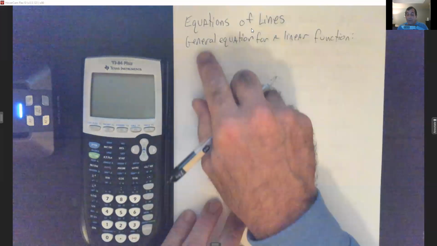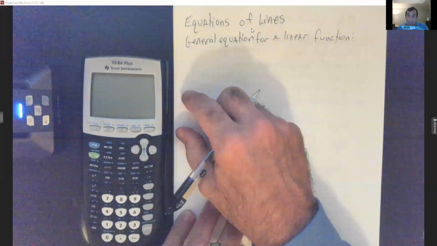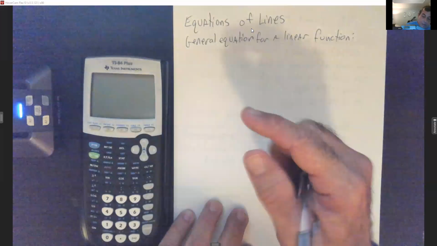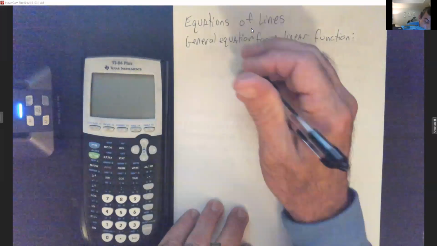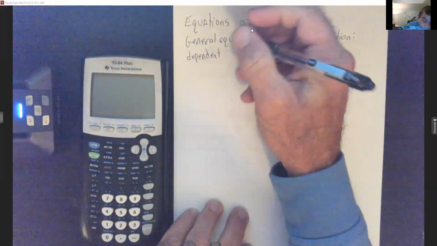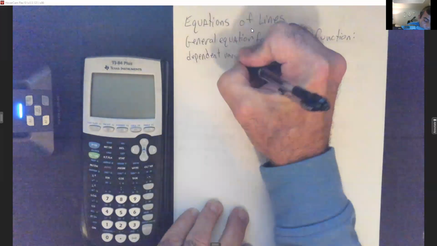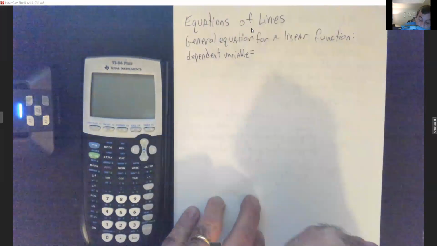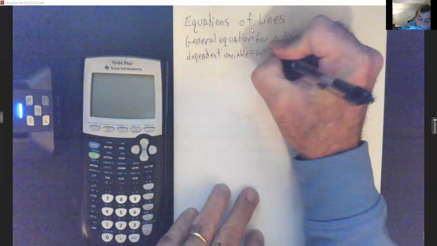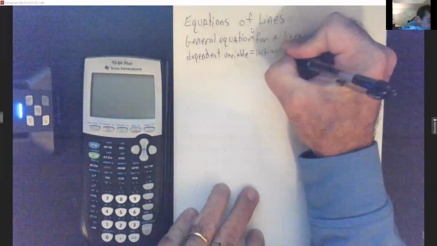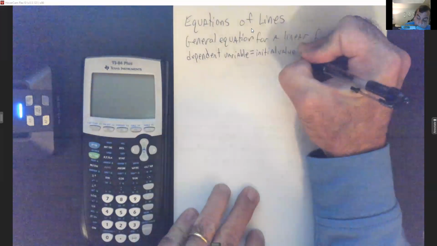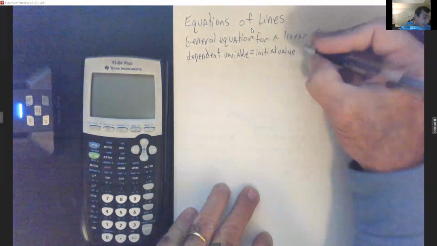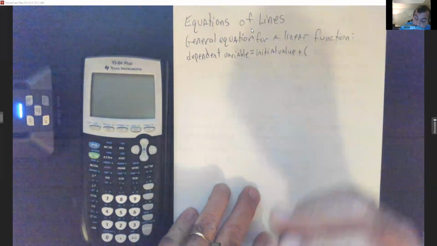I'll do it in words and then we'll look at the algebraic equation. So in words, the dependent variable equals your initial value plus, in parentheses, your rate of change.